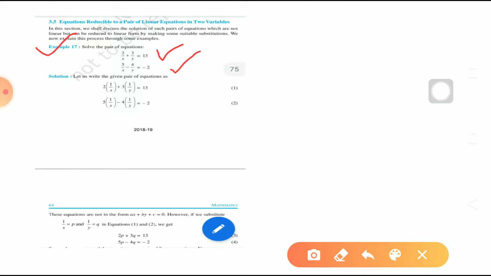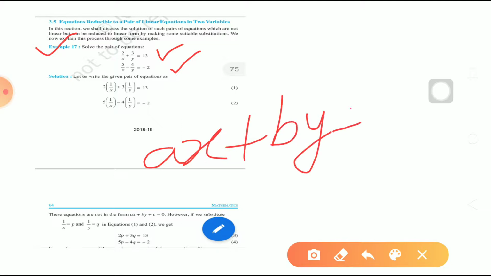You know, the standard form of a linear equation is ax plus by plus c equal to 0. So we will try to convert these equations into linear equations in two variables.